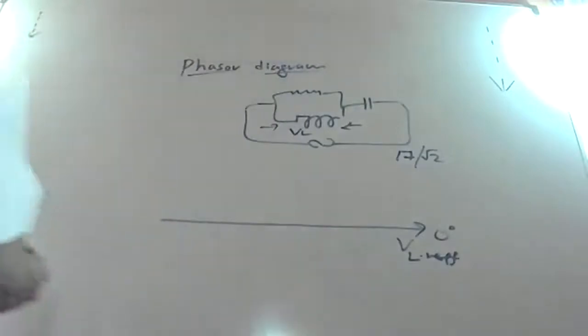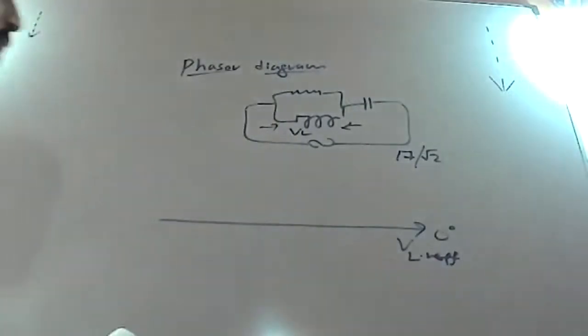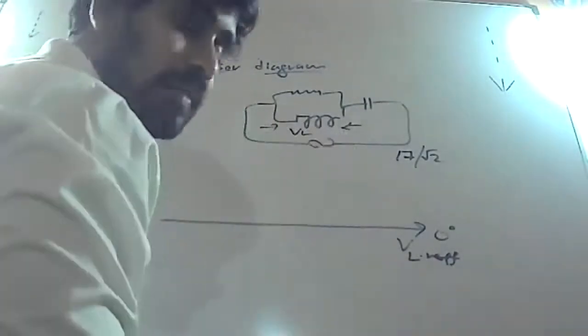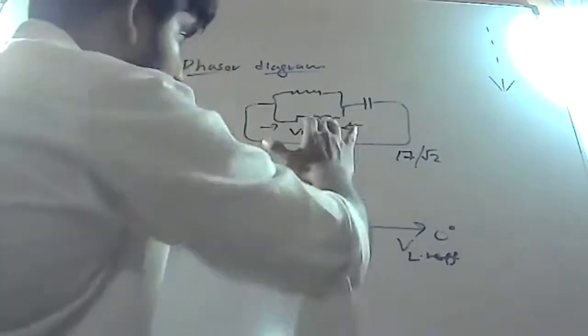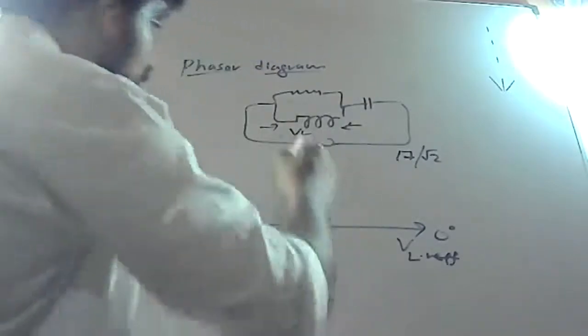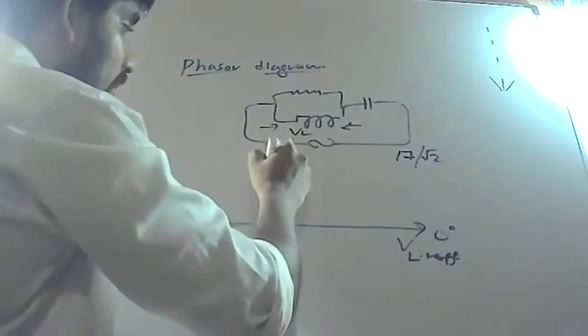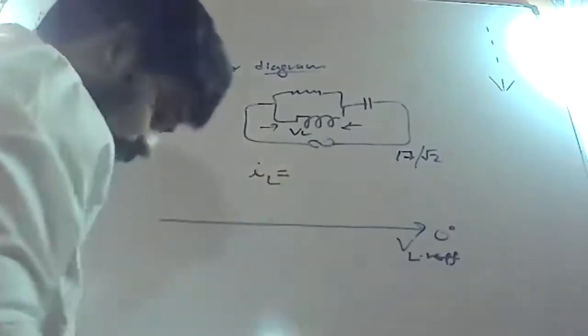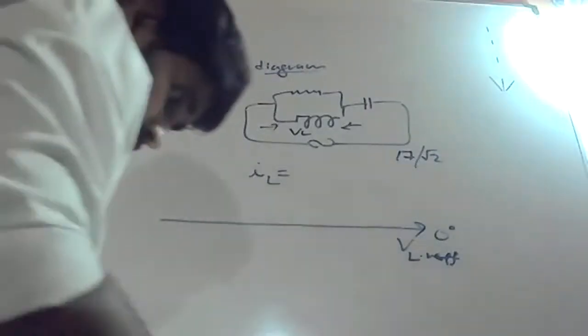So what's the next thing? Now you know this is the inductor, and we evaluated the current through the inductor. That is IL. I think we evaluated that.